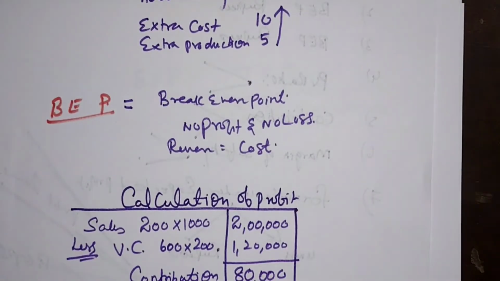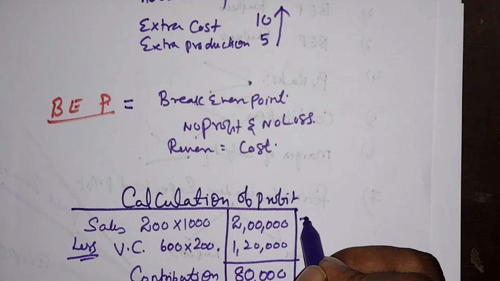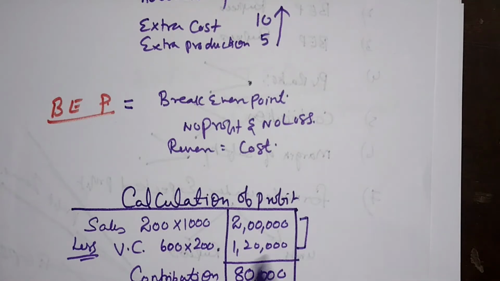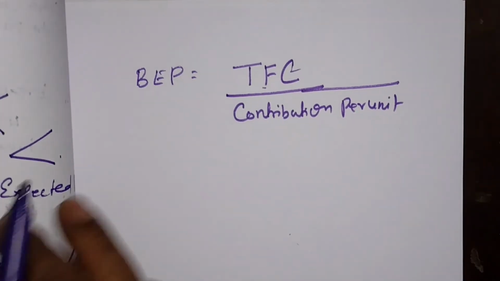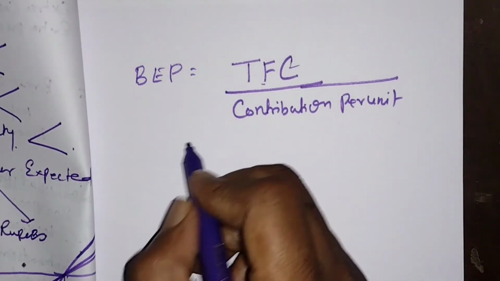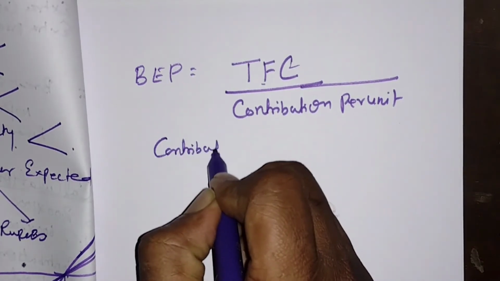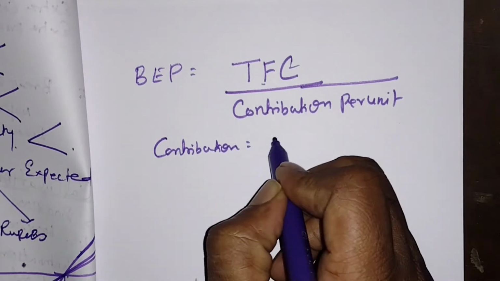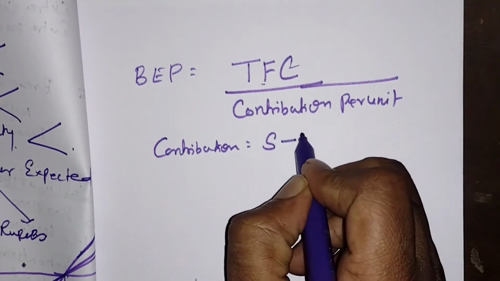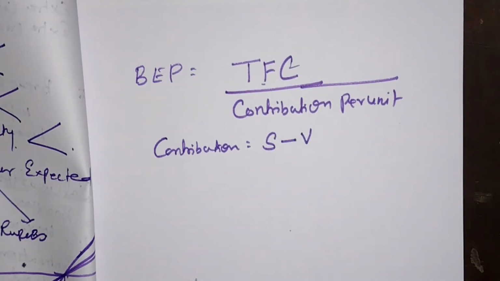Let us see how we got that contribution. The contribution is arrived at after subtracting the variable cost from the sales. Therefore, contribution equals sales minus variable cost.